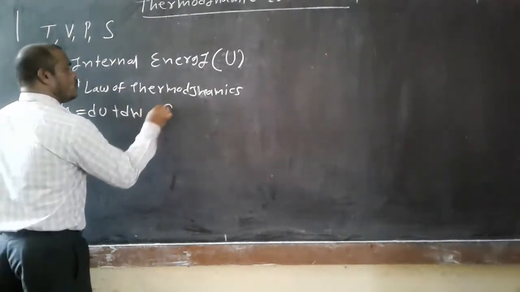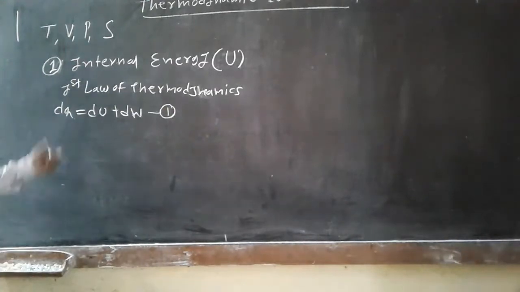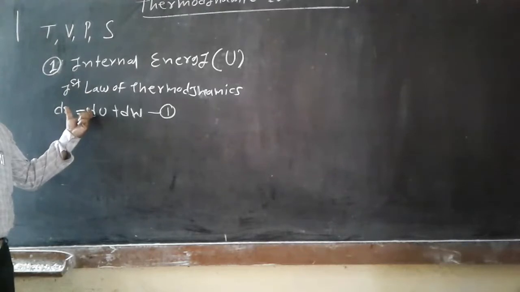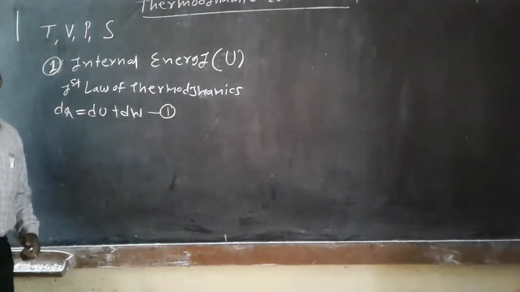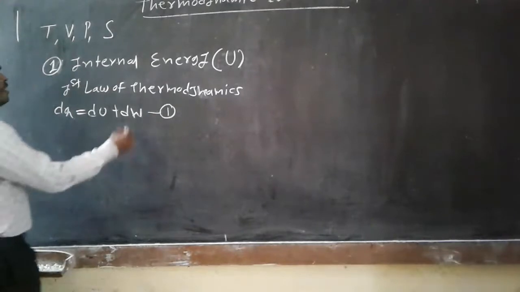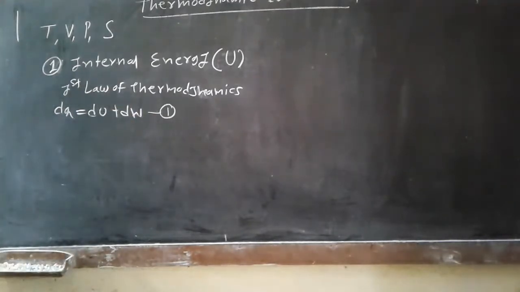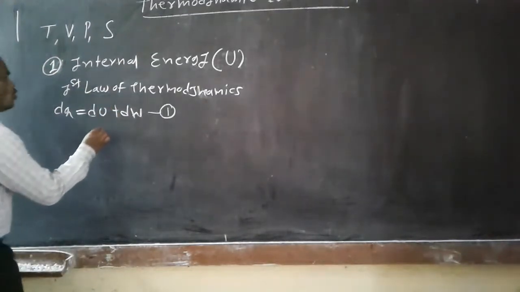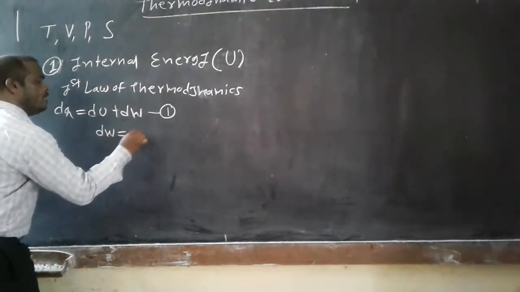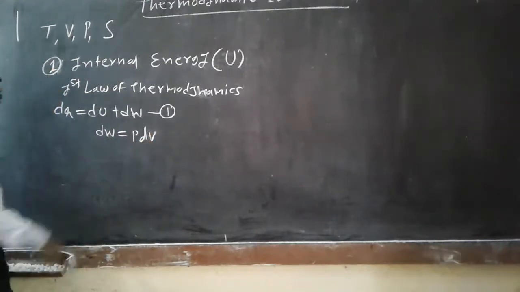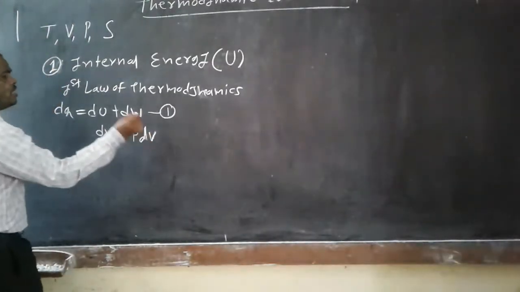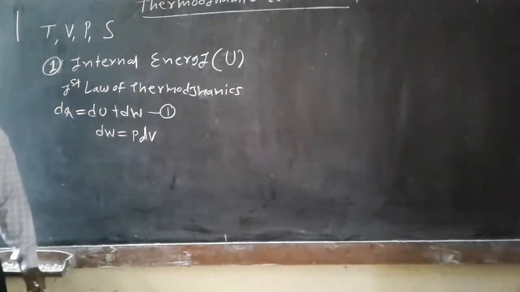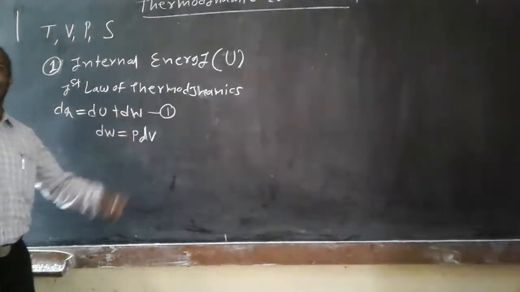Say this is equation number 1. dQ is the amount of heat supplied, dU is the change in the internal energy of the system, and dW is the work done during expansion. Then we know that the work done during expansion, dW, is equal to the product of pressure and change in volume, so dW equals PdV.